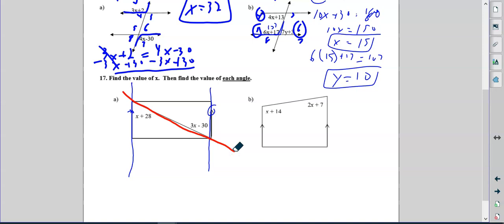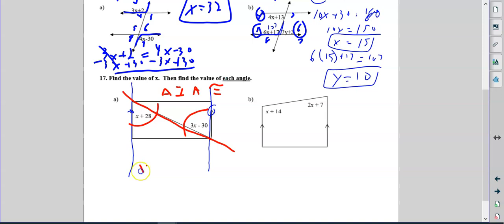So we can ignore those other lines, and we look at this. This angle here and this angle here are both in between the blue lines, aren't they? They're also on opposite or alternate sides of the transversal, which means these two angles are alternate interior angles, which we know to be congruent.